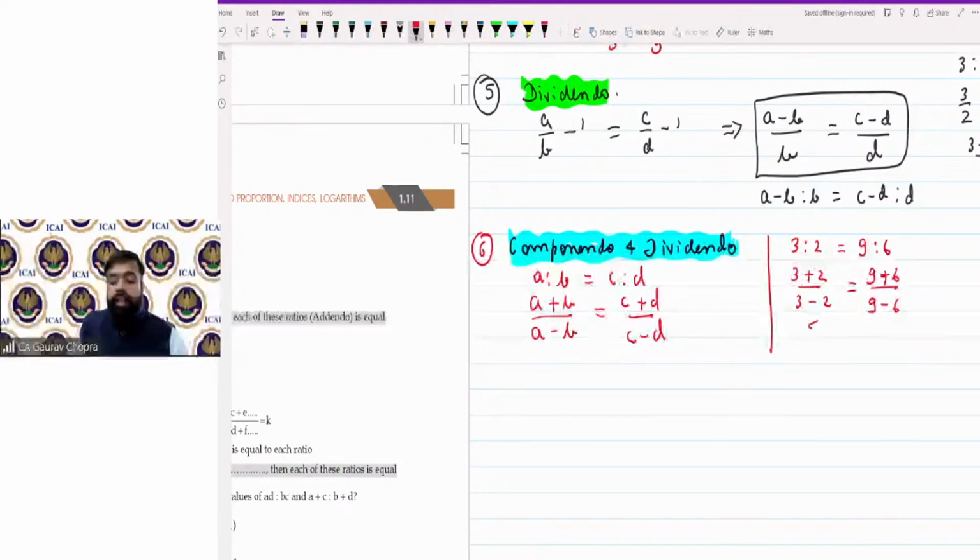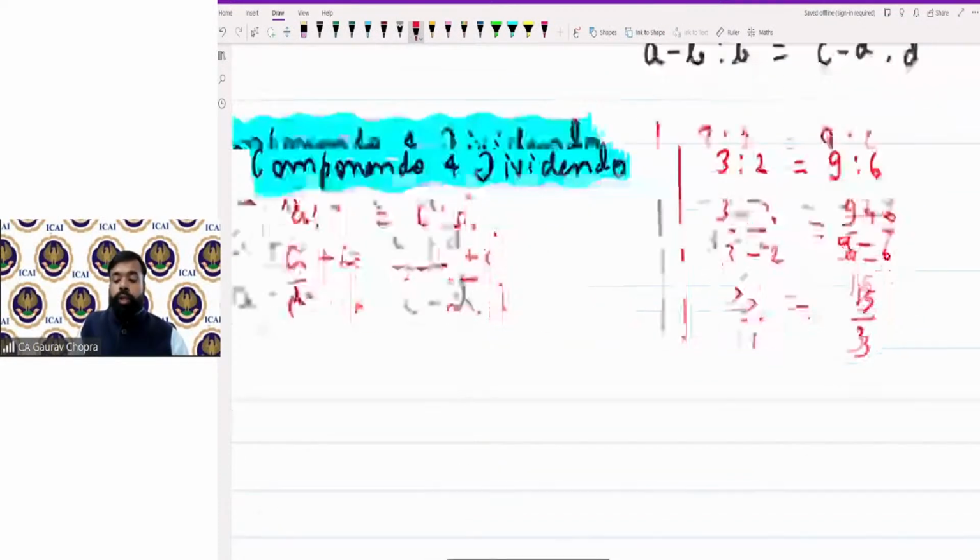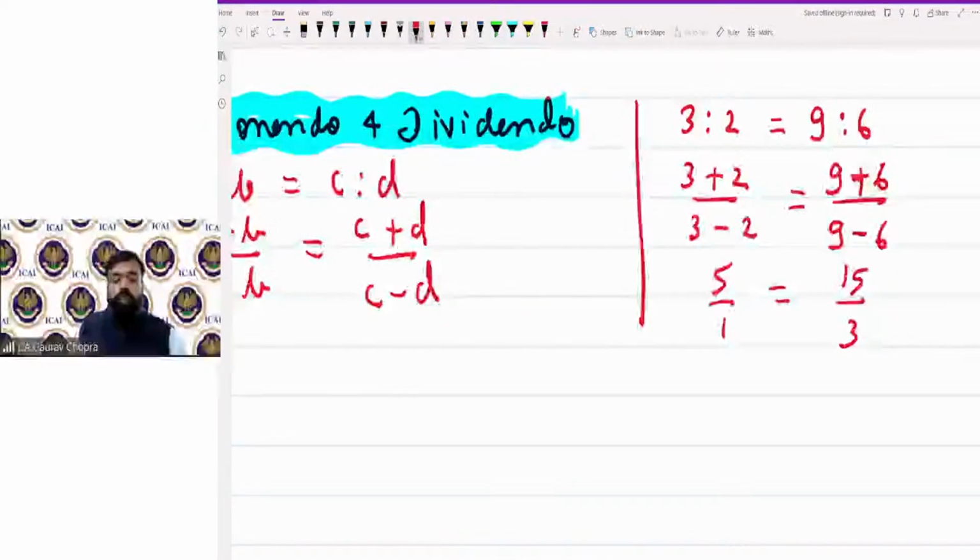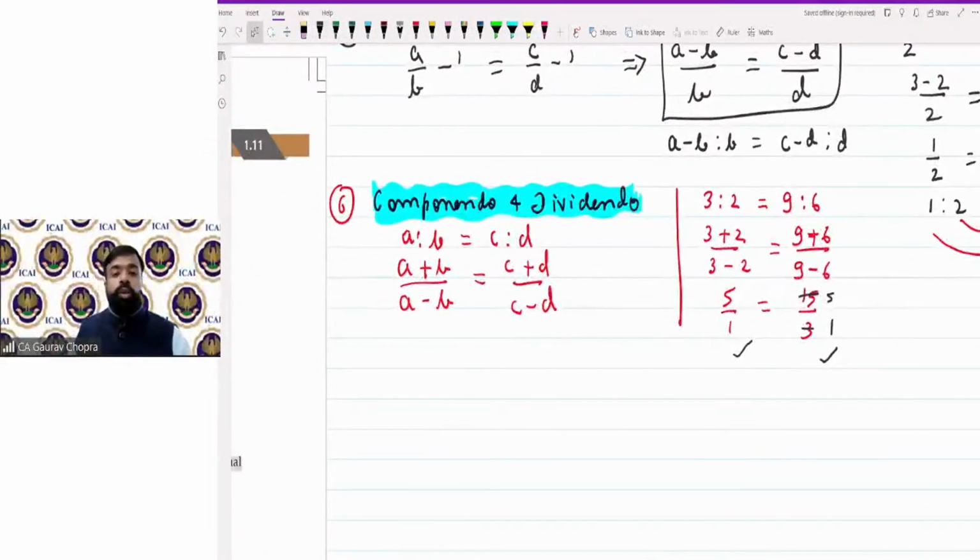So what we are getting: 5 upon 1 is equal to 15 upon 3. So again, both are equal. If you try to cancel them, you get the same result. So this is also a property of proportion, componendo and dividendo.